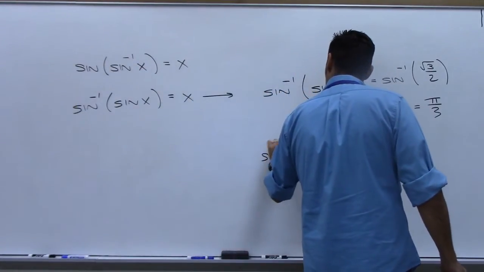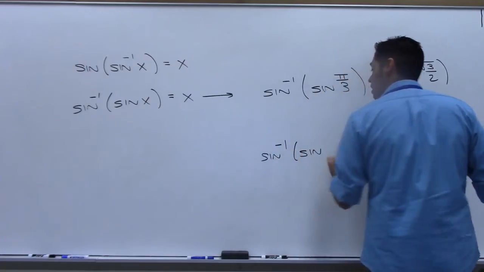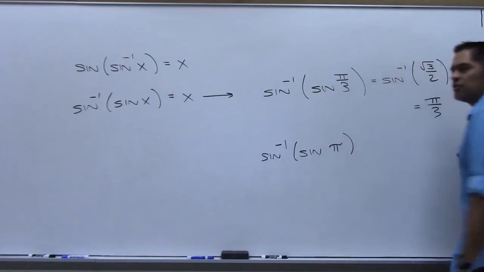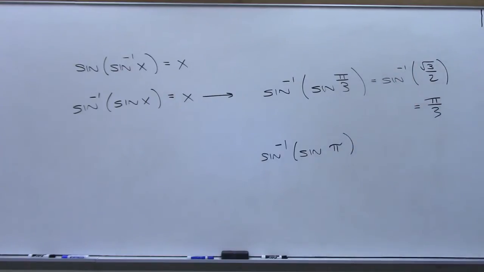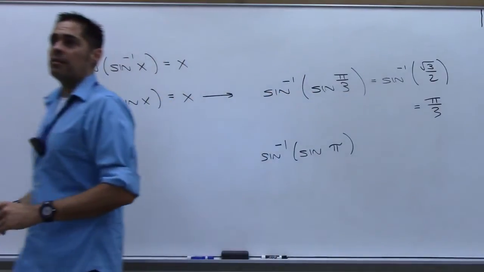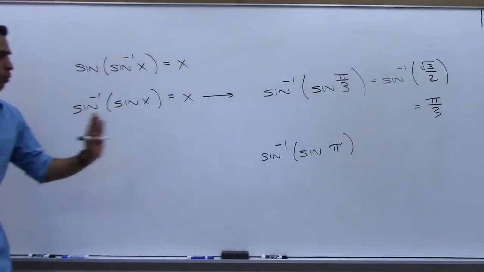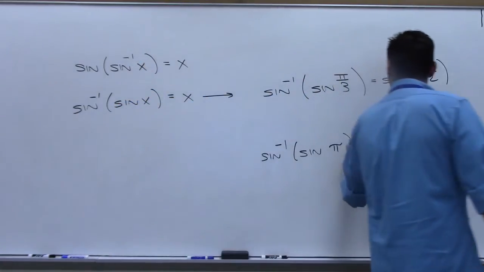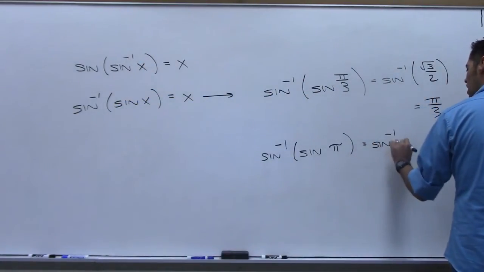Sine inverse of sine of pi? Is that what I heard? Is that just pi? Well, if you don't pay attention to it, yes, you'll think that's what it is, and it's incorrect. Because what is sine of pi? 0. So you're really saying, what's arcsine of 0?